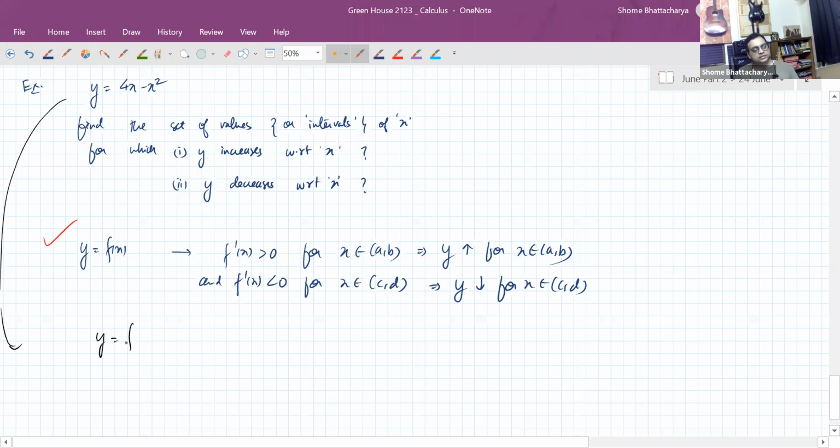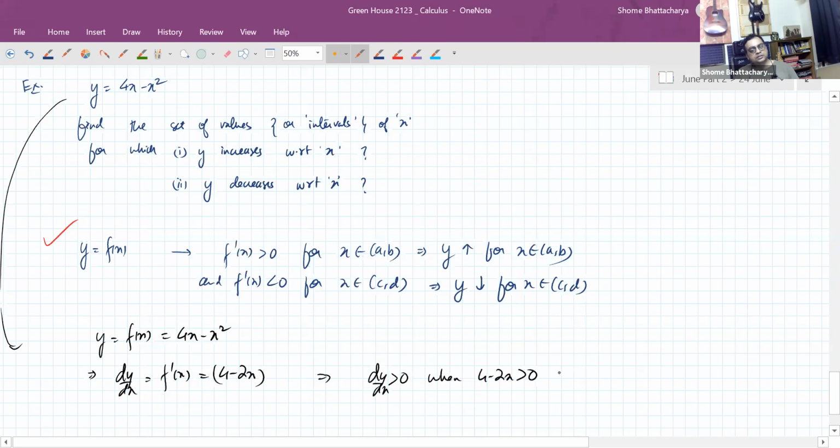So the function we can see is 4x minus x squared. So the derivative of the function, dy by dx or f prime x, we can see is 4 minus 2x. Now we can see that dy by dx is positive when 4 minus 2x is greater than 0.